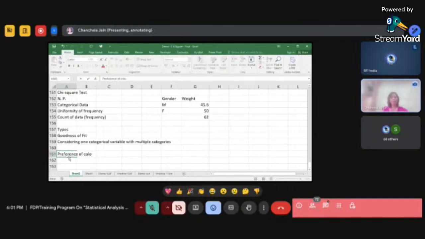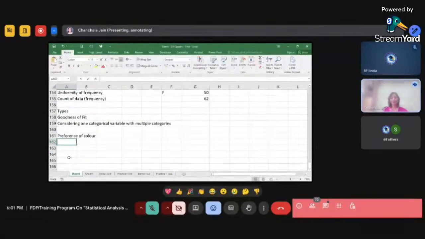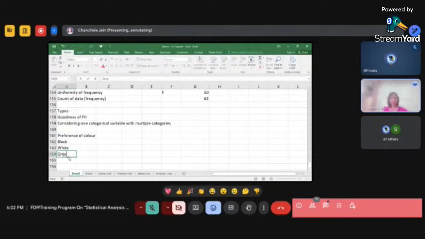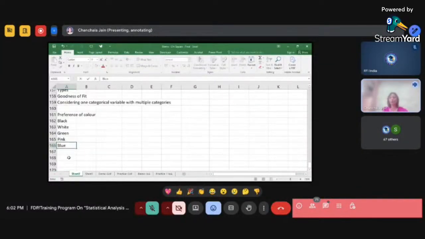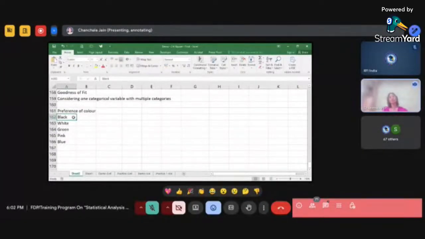Suppose I have given some choices to the respondents, like maybe black, white, green, pink, and maybe blue. Now we are asking the respondents which color they like most.